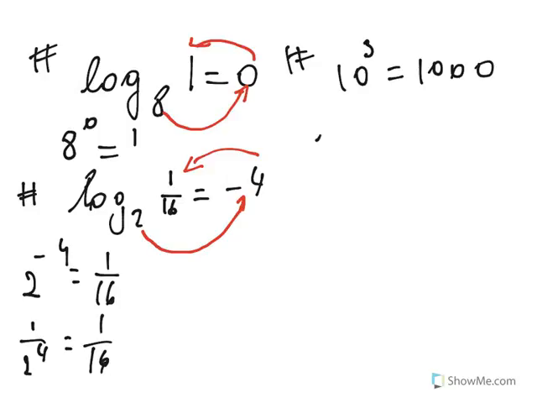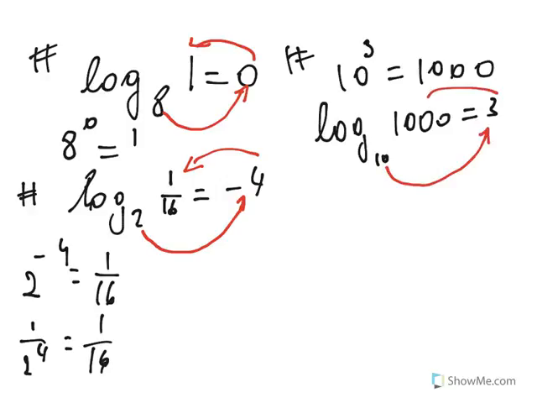So in log form, I say log base 10 of 1,000 equals 3. If I want to go backwards and check my work, 10 to the power of 3 is 1,000. Is that true? Really true. So in this case, I went from exponential to logarithmic form.